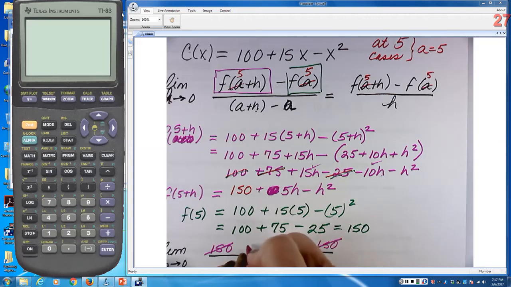All we're going to have left is 5h minus h squared, and all we're going to have in the denominator is h.